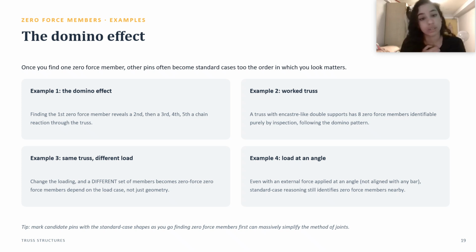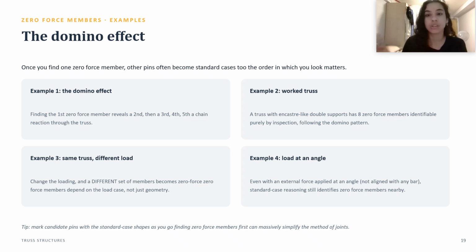And also something you really have to understand is you can have a truss and you put a specific load on that truss. You identify some zero force members. Great, but if we change the load, it doesn't mean these zero force members will stay the zero force members. Remember, the zero force members are there for a reason. One of them is stability.